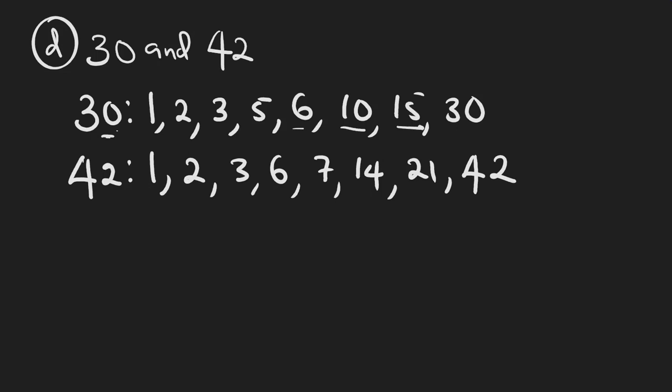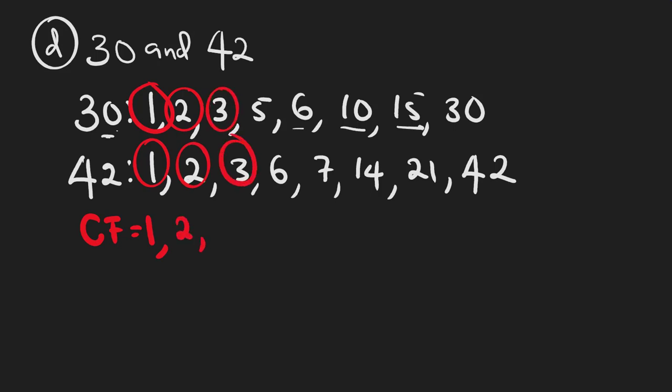So let's find the common factor. The common factor is what? We have 1, right? We also have 2. We have 3. They are common. But again, we have 6, right? Is there any other thing? Let's check it. 10, no. So there's not any other thing.